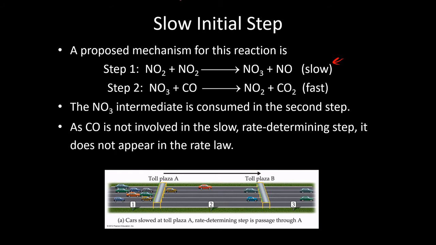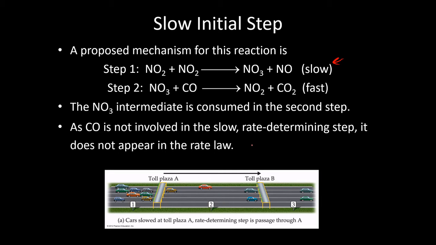Actually, I thought we had an extra slide there, but the way that you can see that this particular reaction mechanism makes sense, and we don't know for sure, just from looking at it, that it is the correct rate mechanism.